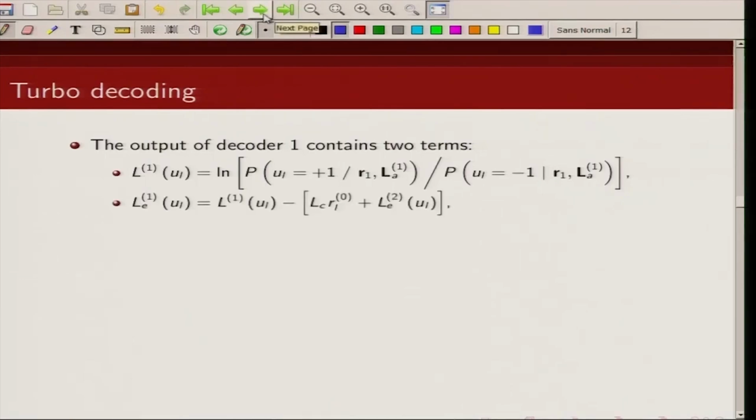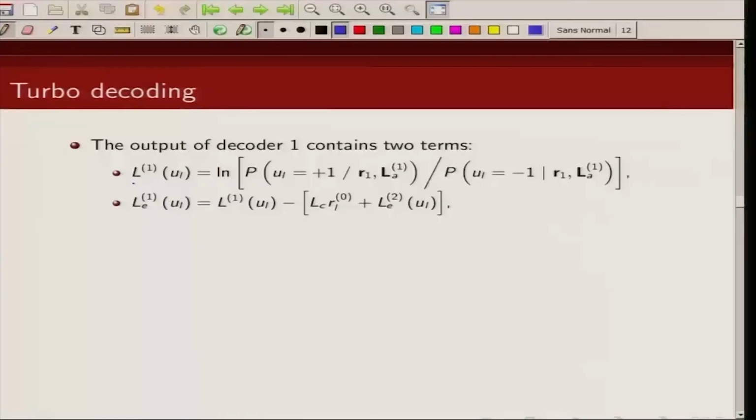So, as I said, there are 3 inputs to this decoder: the channel received value corresponding to the information sequence, the parity bit, and the a priori value, and there are 2 outputs. One is this APP L value that we have computed, and the second is the extrinsic value. And how are we computing the extrinsic value?